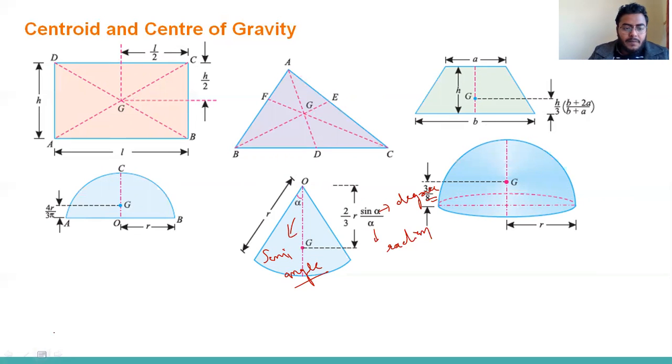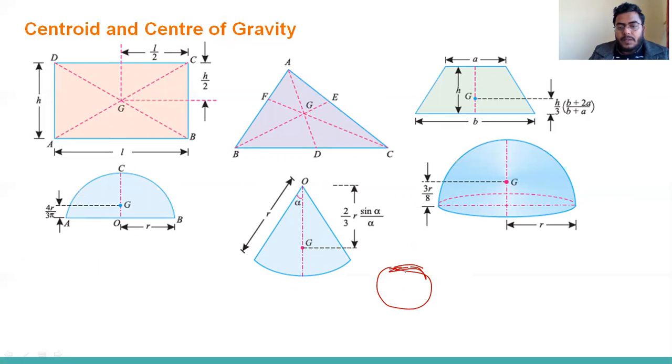For the hemisphere, what is the centroid for a sphere? Suppose this is a sphere with diameter d. So the centroid will be d by 2 distance from each point on the sphere.